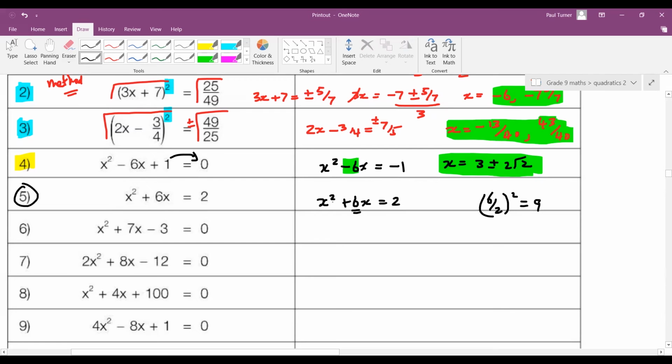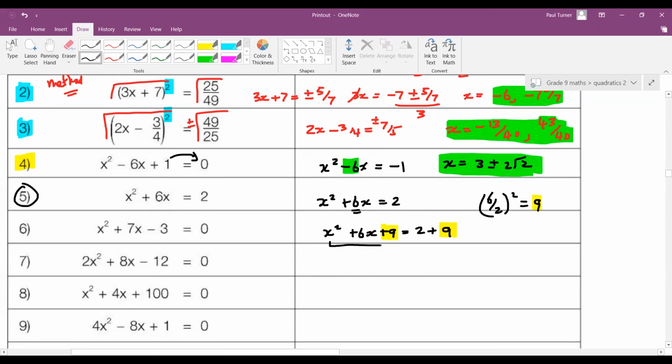Add that 9 to both sides. So x squared plus 6x plus 9 equals 2 plus 9. You must add to both sides to keep the equation balanced. Otherwise, the equation is not the same anymore.